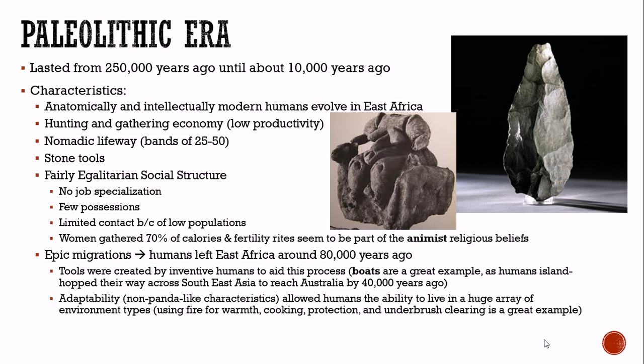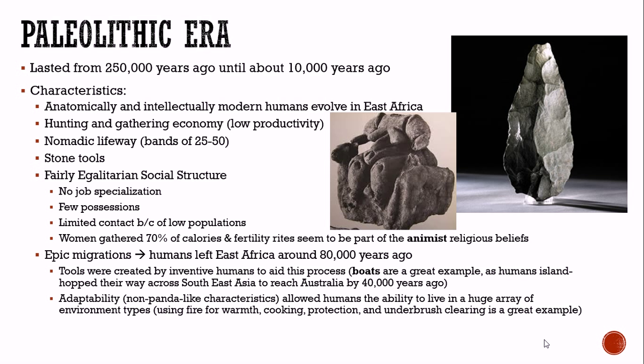There's an example from, I believe, modern Turkey or Anatolia on this slide, and usually these were just pretty rotund ladies. And we think that it was part of the animist religious beliefs of these Paleolithic people.